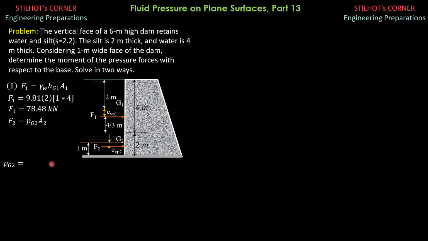So PG2 is 9.81 times 4 plus 2.2 times 9.81 times 1. So PG2 is 60.822 kilopascals.